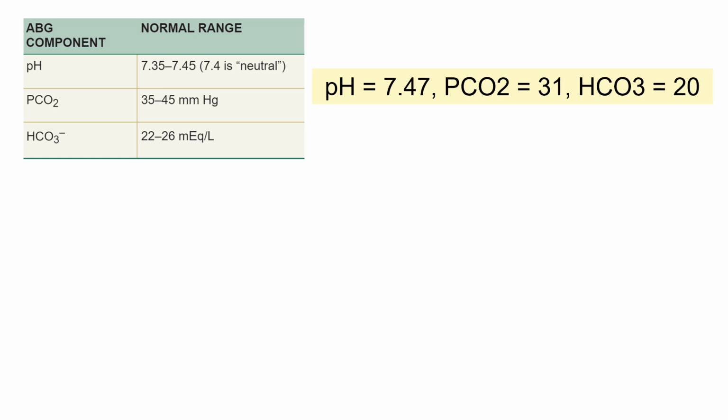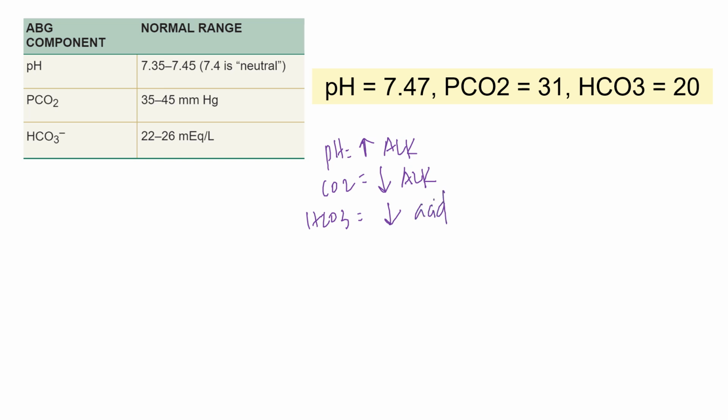And now we have our last example. So our pH is 7.47, that is increased, that is alkaline. Our carbon dioxide is 31, that is decreased, that is alkaline. And then our bicarb level is 20, which is decreased, which is acid.